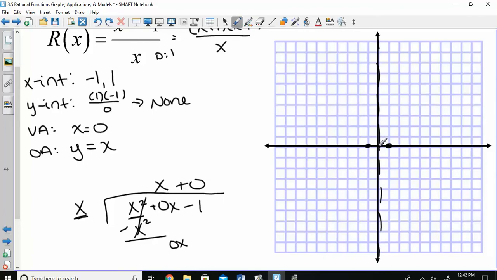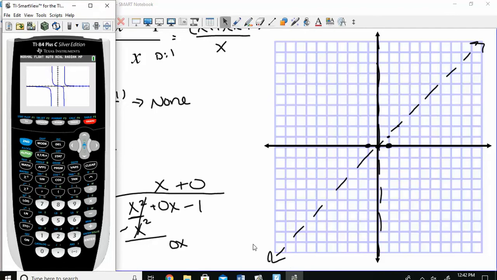So that is a line. Y-intercept is 0, slope of 1, so up 1 over 1. And then you use your graphing calculator to help you fill in the gaps. So you need parentheses x squared minus 1 over x.